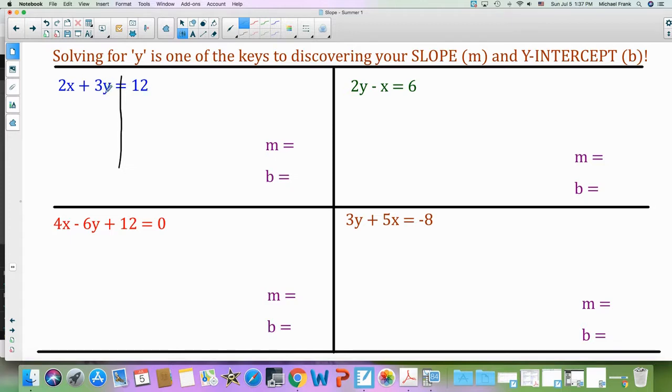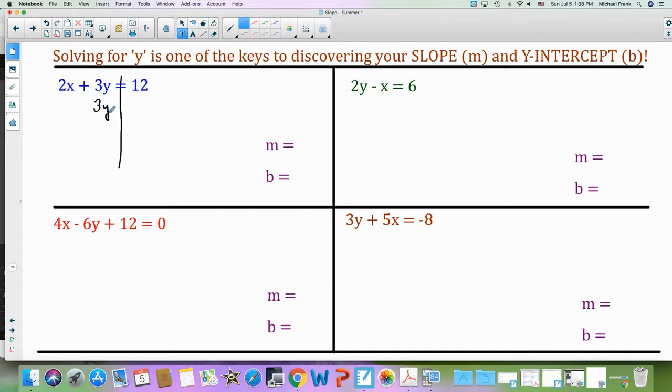And if my goal is to get this little y right here all by itself on the left side of the equation, the first thing I'm going to do is to take any other letters or expressions on this side and throw it to the other side of the equation, remembering the golden rule. If it switches sides, it's also going to switch its sign. So my 3y is just going to come down.